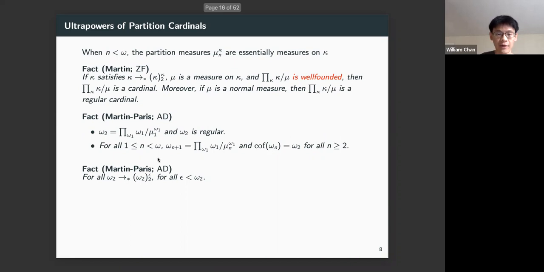This ultrapower is actually omega_2 and is regular since the club measure is a normal measure by that result of Solovay. And more generally, for each n, omega_{n+1} is the ultrapower of omega_1 by the n-fold partition measure on omega_1, and the cofinality of omega_n is omega_2 for every n greater than or equal to 2.